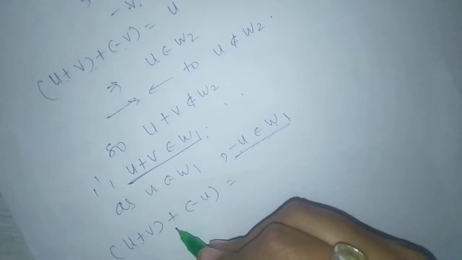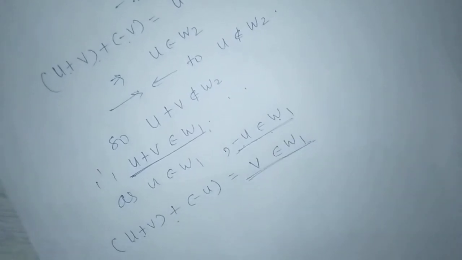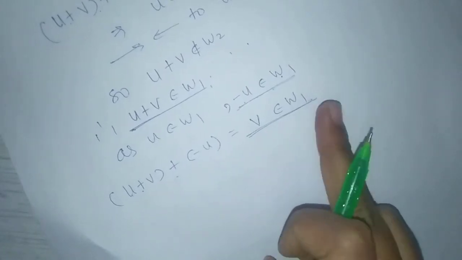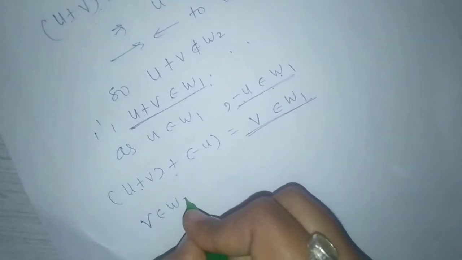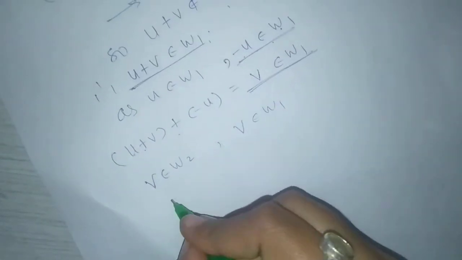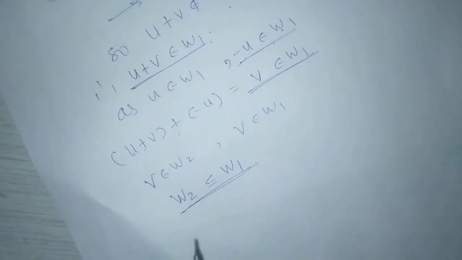Addition U plus V minus U equal to V belongs to W1. Here first we took V belongs to W2, and here we get V belongs to W1. We get V belongs to W1, means W2 is a subset of W1.